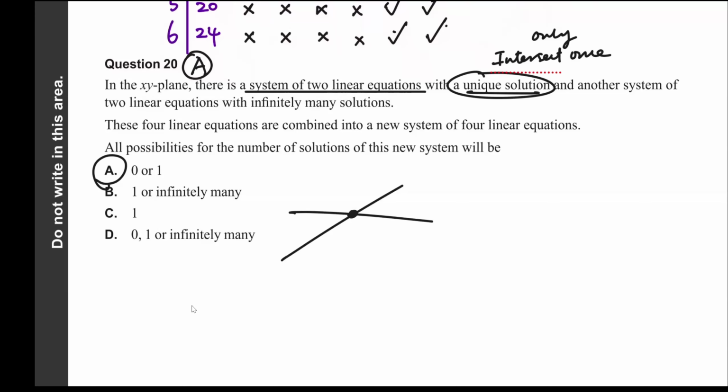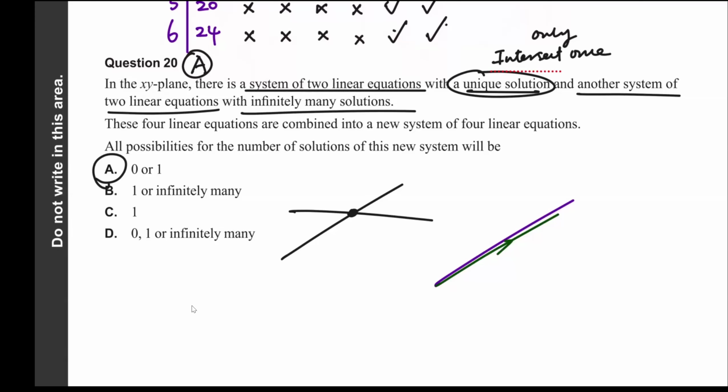Another system of two linear equations has infinitely many solutions. So say you have a line like that and you also have a line like that. They are coincident. Therefore, two equations actually become one equation. So of the four linear equations, effectively you only have three.